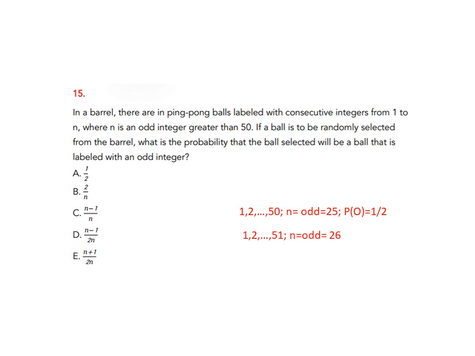Suppose we take up to 51. So the number of odd integers will be 26. At first we got 25 and now it's 26, so n plus 1 over 2. So the probability of odd integers will be n plus 1 divided by 2n. And we have only one option for that, that is option E.